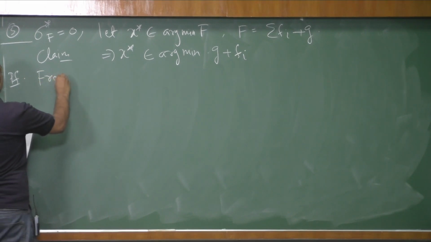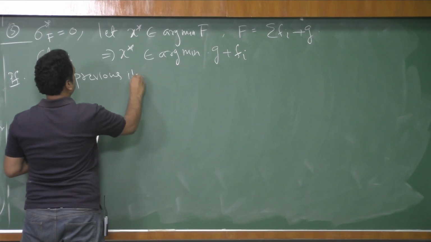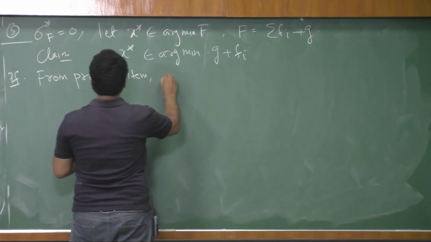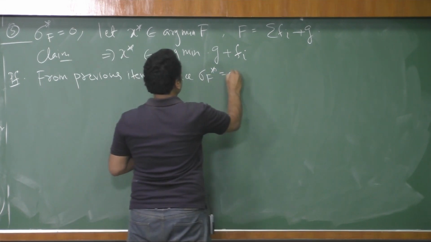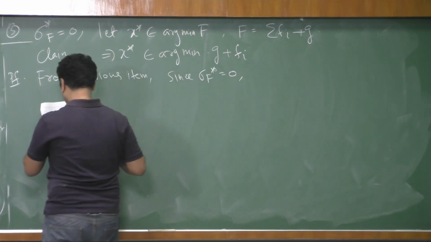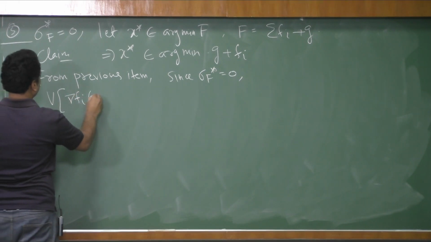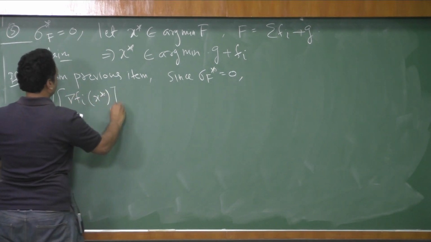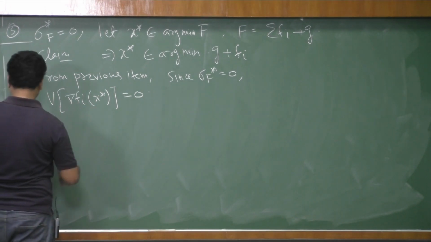So from the previous item, since sigma f star is equal to 0, we have the variance of grad fi x star equal to 0. This is the reverse of what we are doing, right? So this is the same as saying that for any i these guys are equal.